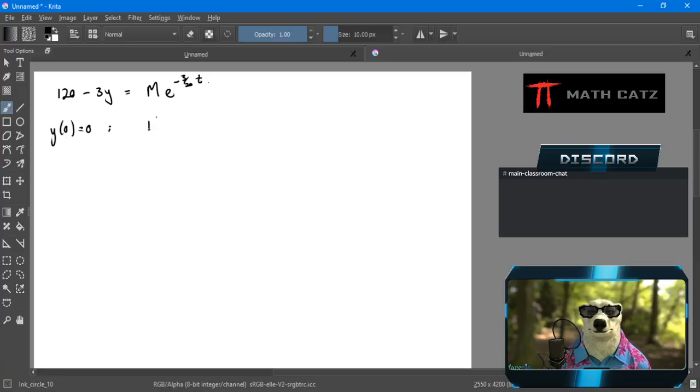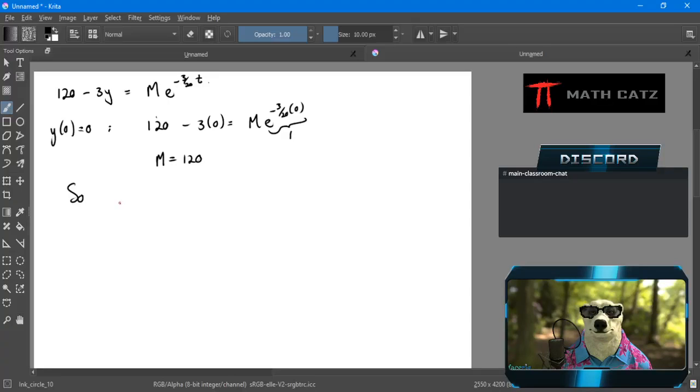So if I plug in 0 for y, I'll show that there. I get 0 for t as well, making that exponential portion 1. This is 0. So m is 120 in this case.